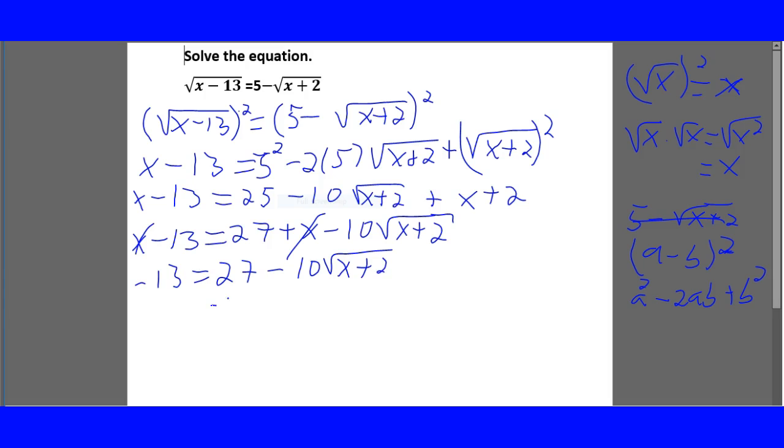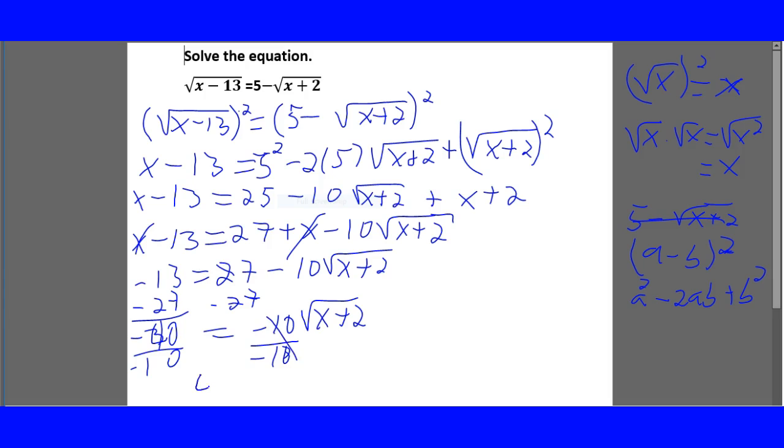We move that 27 to the other side to combine it with that 13, and that gives us negative 40 equals negative 10 square root of x plus 2. Now we divide both sides by negative 10 to leave the radical by itself, and that gives us 4 equals the square root of x plus 2.